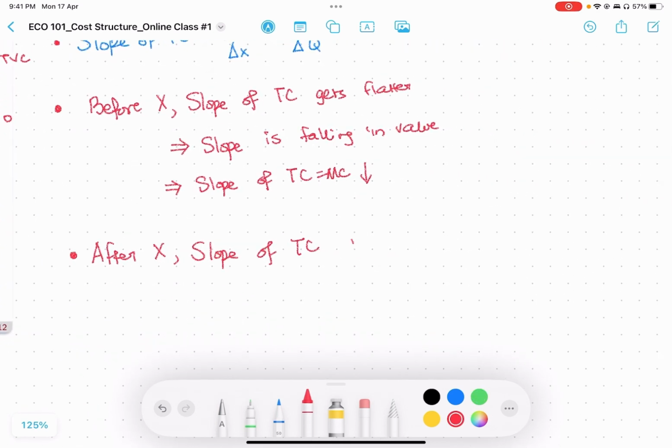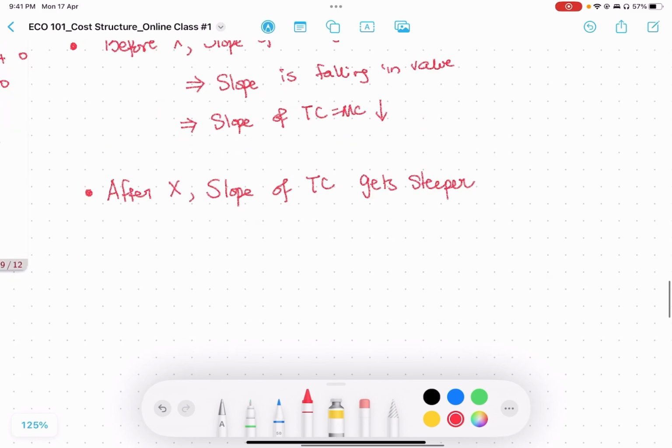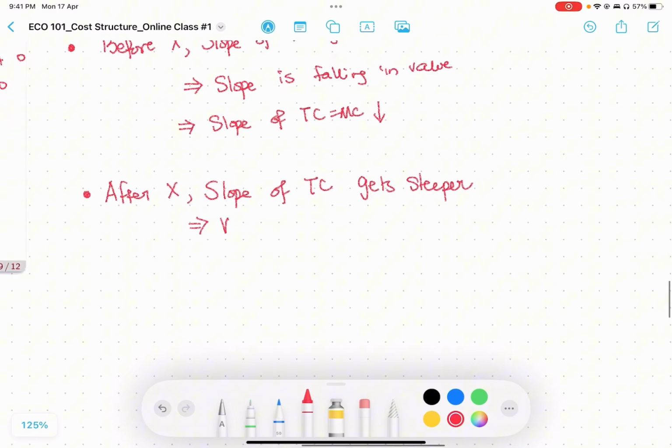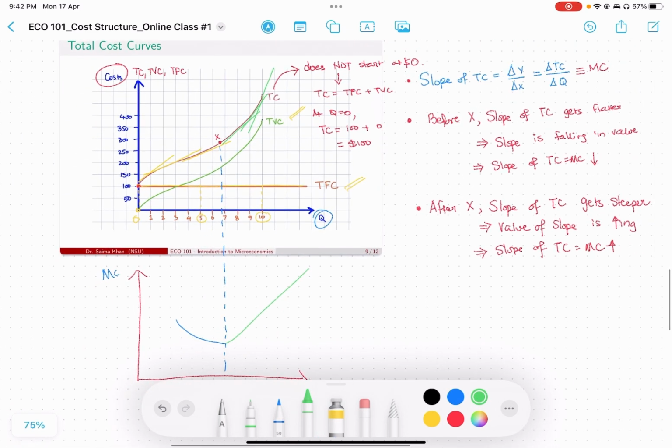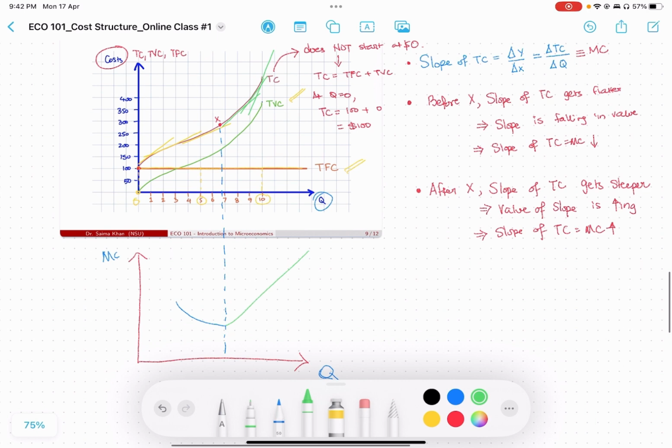The slope of total cost gets steeper, which means that the value of the slope is increasing, which means that the slope of total cost, which is actually the marginal cost, is increasing. In this part, as your slope is getting steeper, it means marginal cost is increasing. This is what the MC curve will look like.